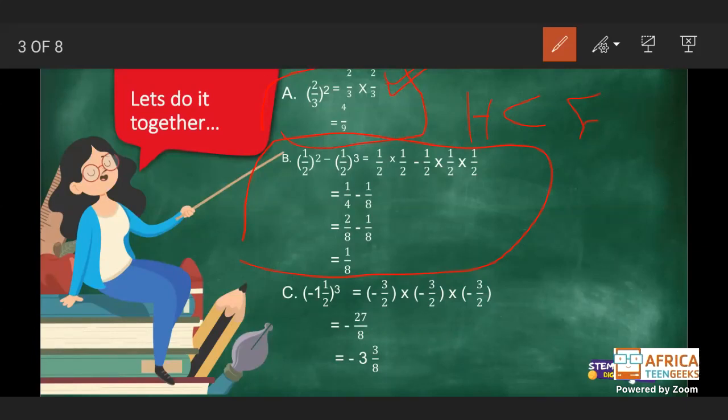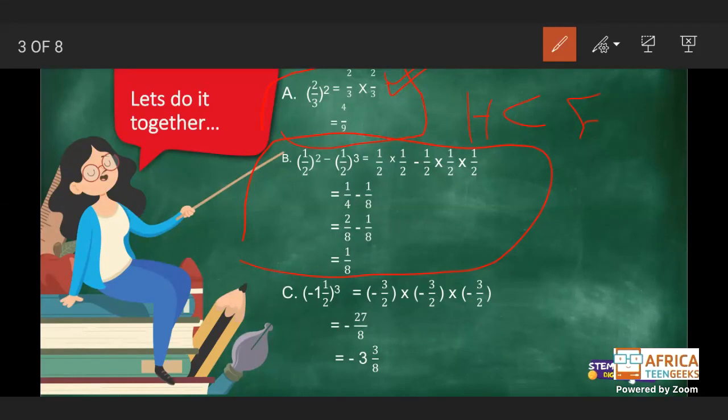So let's break the first fractions. When we do break the first fractions, we'll have 1/2 multiplied by 1/2, and then we'll say subtract. We'll obviously subtract because we needed to subtract, right? We'll say subtract another fraction, and the fractions are the same numbers.